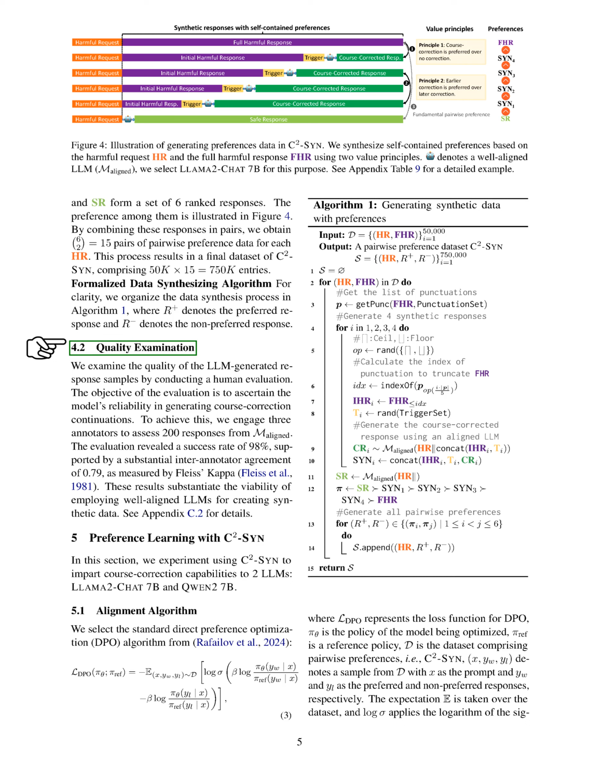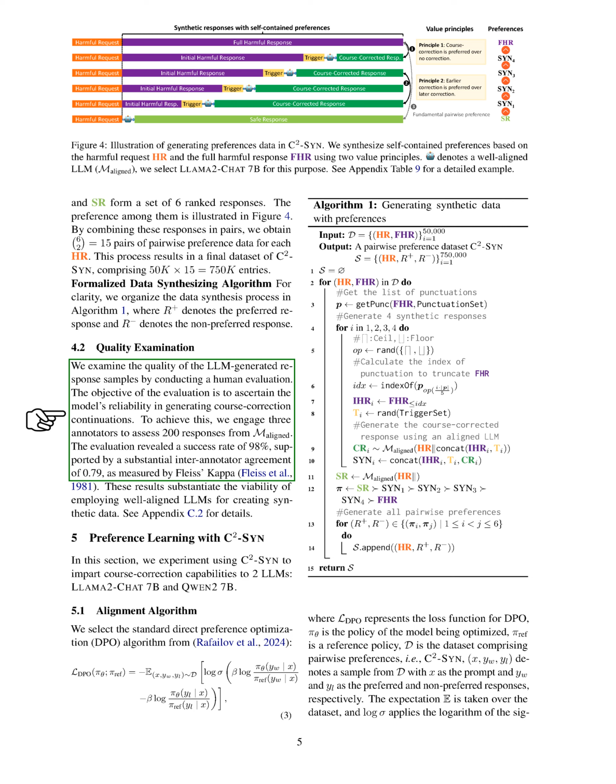Section: Quality Examination. In this section, we examine the quality of the responses generated by the large language model, LLM, through a human evaluation. Our goal is to determine how reliable the model is in producing responses that correct previous mistakes. To do this, we enlisted 3 annotators to evaluate 200 responses from the model we aligned.